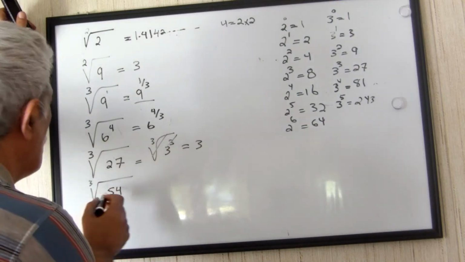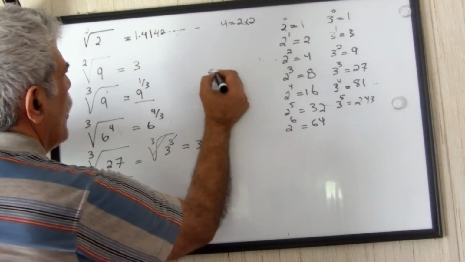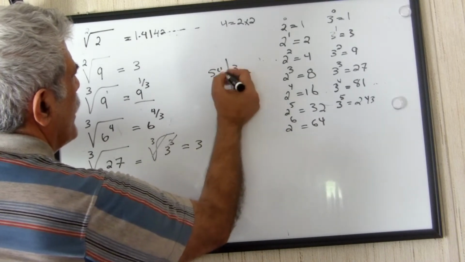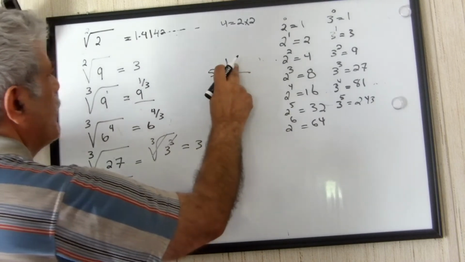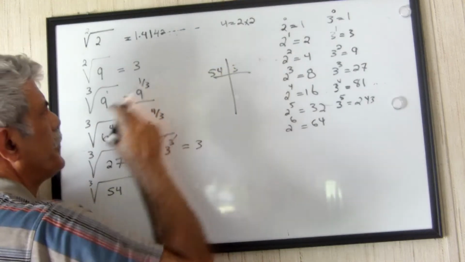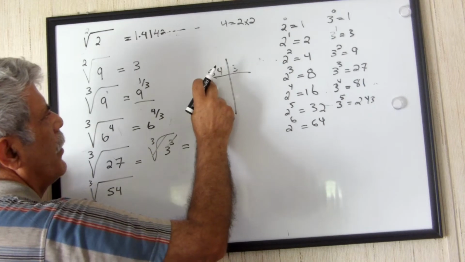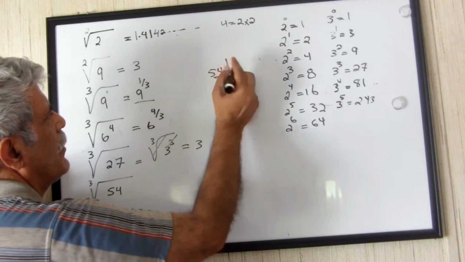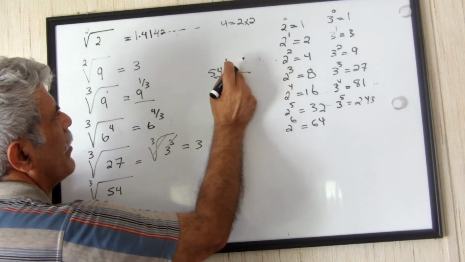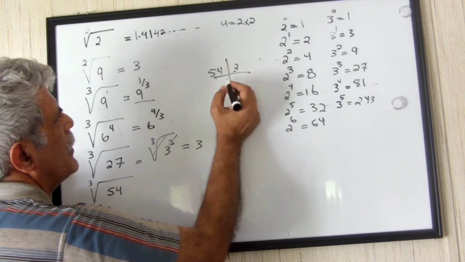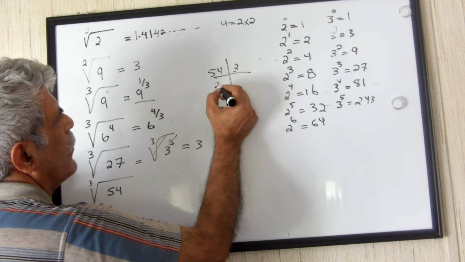What do you do? You break it down. 54, we can divide also this one by 3, because 5 plus 4 is 9, so it's going to be divisible by 3. We can also divide it by 2. If you divide it by 2, it's going to be 27.